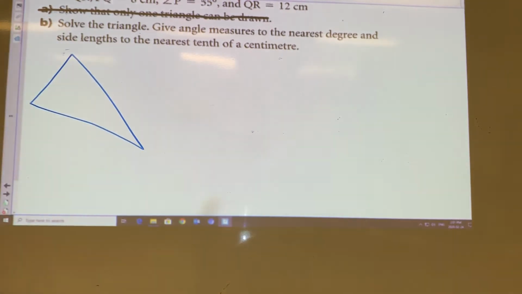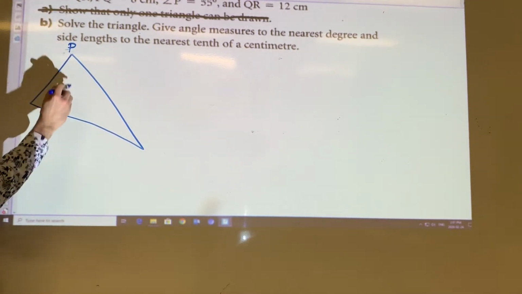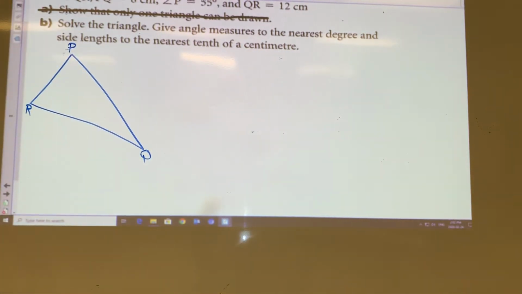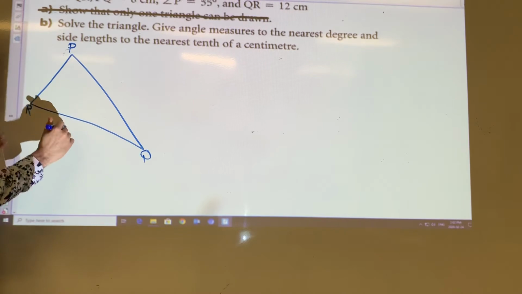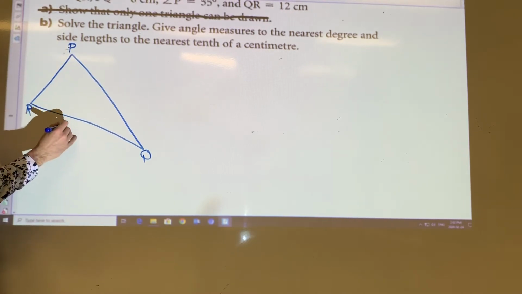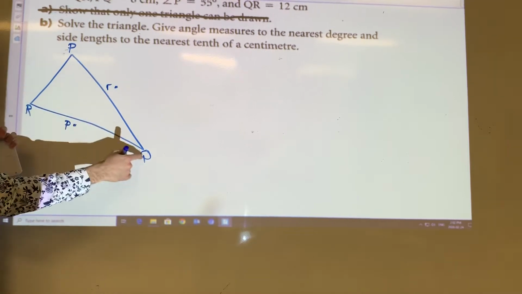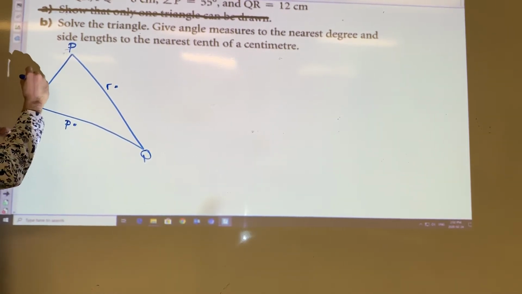That's not bad. Now they're calling it PQR, so start somewhere and then move clockwise or counterclockwise, it doesn't matter. But let's all do it the same for this, so that's how I drew it. And then I like to go, okay, the side opposite vertex P is little p, and then here is going to be little r, and this side is going to be little q. There.